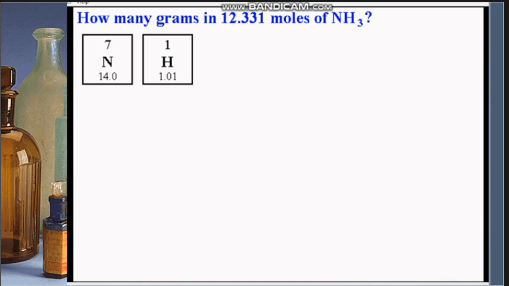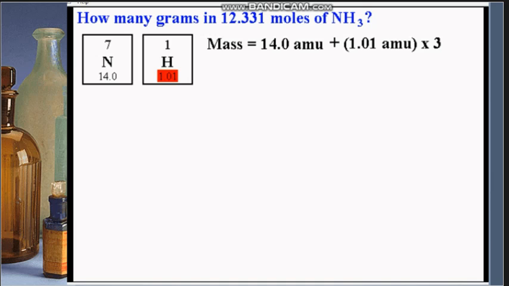That's pretty easy. Below the nitrogen, there's a number of 14.0. This tells us the nitrogen has a mass of 14.0 AMUs. Therefore, ammonia is going to have 14.0 AMUs plus the mass due to the hydrogens. Hydrogen has a mass of 1.01 AMUs. There are 3 hydrogens in an ammonia molecule, so I've got to take that 1.01 and multiply by 3.